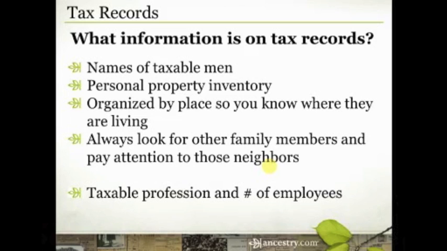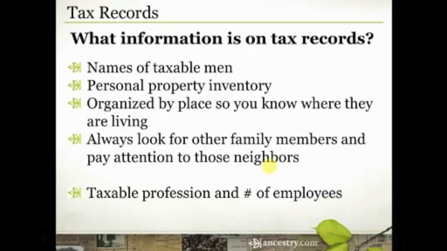And then I kind of skipped this one down just to the bottom a little bit. Sometimes an occupation is listed on a tax record. I've seen it a few times. More often what you're going to see is if people have what's called a taxable profession, meaning they're merchants or they own a lot of inventory for some kind of a business, or if they have a large number of employees or any number of employees.